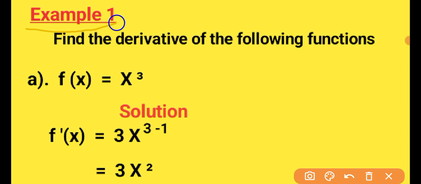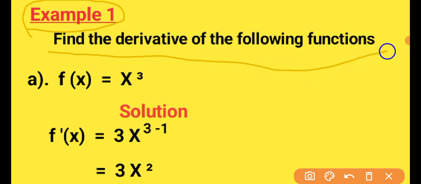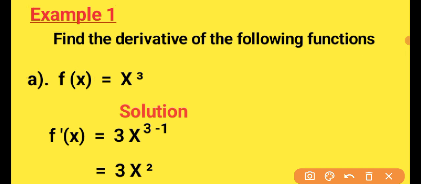So in our example 1 here, the question says find the derivative of the following functions. So part A, we have f of x, which is the same as x to power 3. Now what we do, instead of writing the function when we are doing it, we just put f dash.